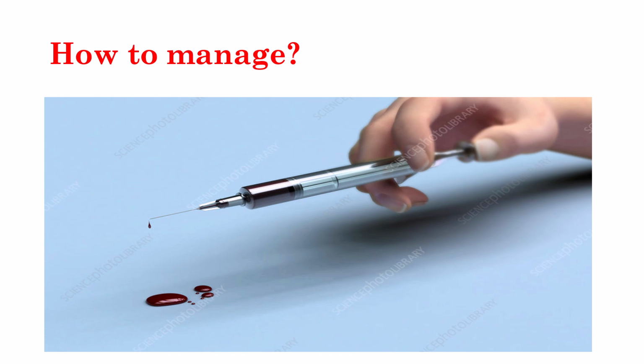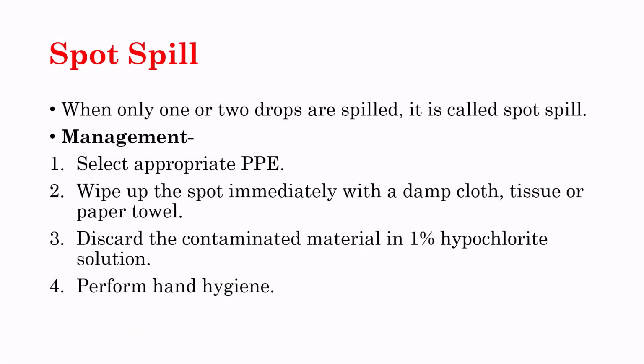How to manage the spillage, a spill of blood from the syringe? So this is a spot spill. When only one or two drops are spilled, it is called a spot spill. Management: select appropriate PPE. Wipe up the spot immediately with a damp cloth, tissue or paper towel.